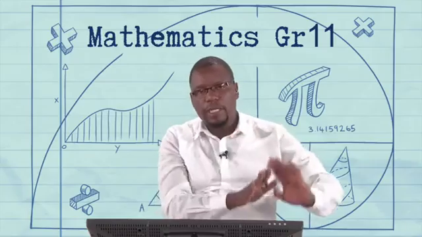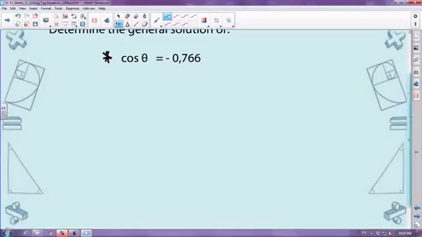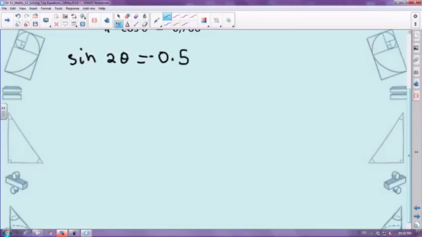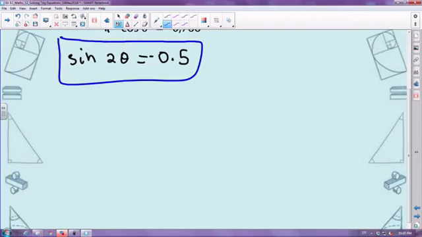On a piece of paper somewhere, I just want to explain something. Okay, let us say we have sine of 2 theta equals negative 0.5. Okay, and then we are asked to generalize, which is finding the general solution.